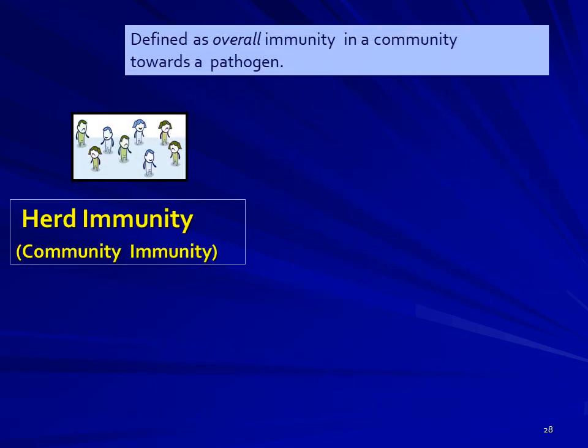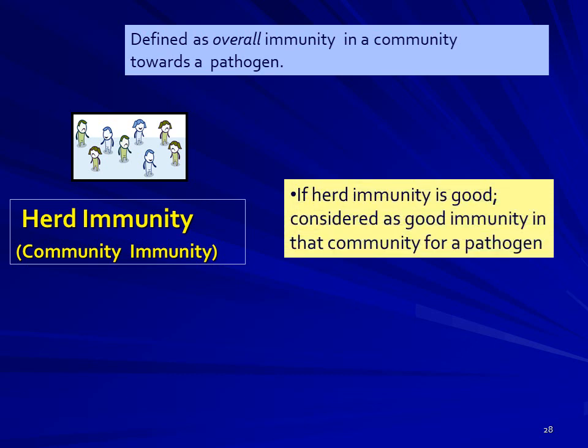And the next one is herd immunity, that is the level of immunity in a community. This is defined as the overall immunity in a community towards a pathogen, and it will be considered good immunity in a particular community against a particular pathogen.